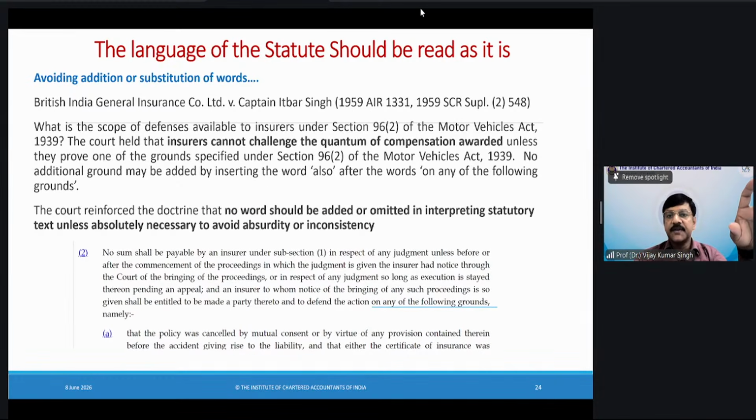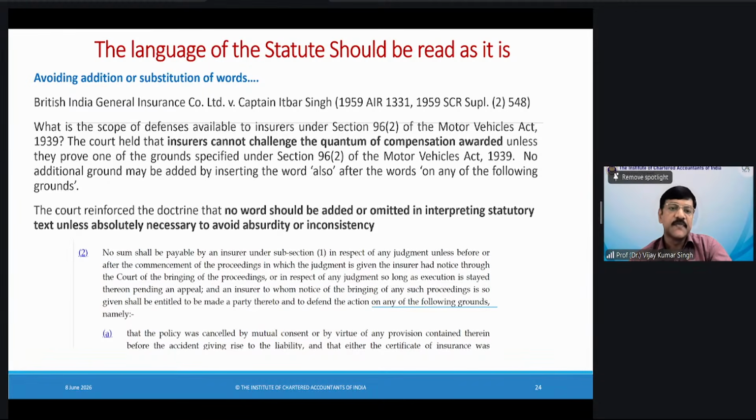Another important point here is that the language should be read as it is. So you cannot substitute or add any word. As it happened in the case of British India General Insurance versus Captain Itbar Singh. So what was the question here? The scope of defense which was available under section 96(2) of the Motor Vehicles Act. The Motor Vehicles Act provides for the regulation of motor vehicles, and insurance is mandatory there, right?